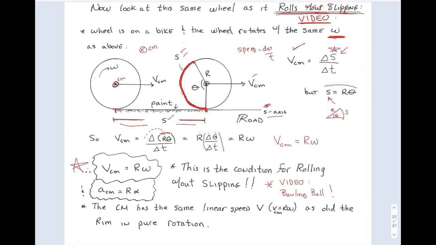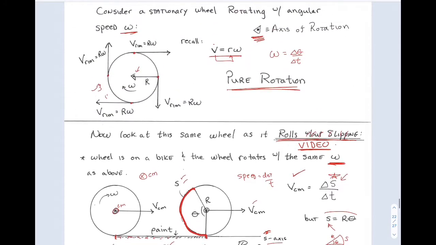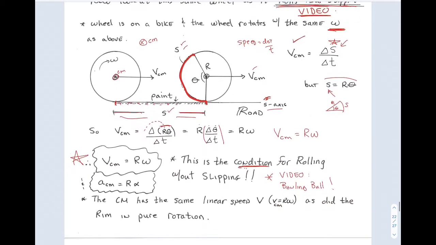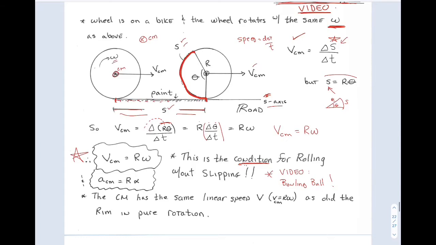And that's the condition for rolling. As long as the speed of the center of mass is r omega, that means it's not slipping. So let me go back again. Here I have a wheel rotating with some angular speed omega. Now I have that same wheel rolling with the same omega. If that's happening, then that condition is met, that the speed of the center of mass is r omega.